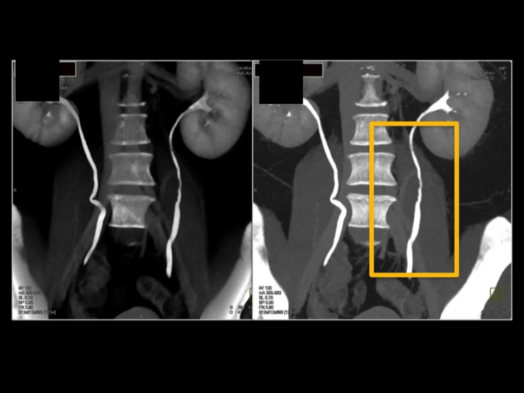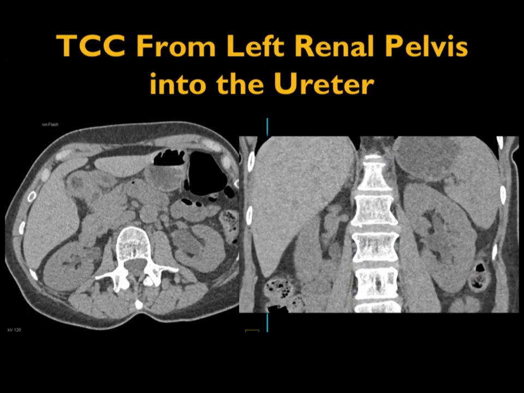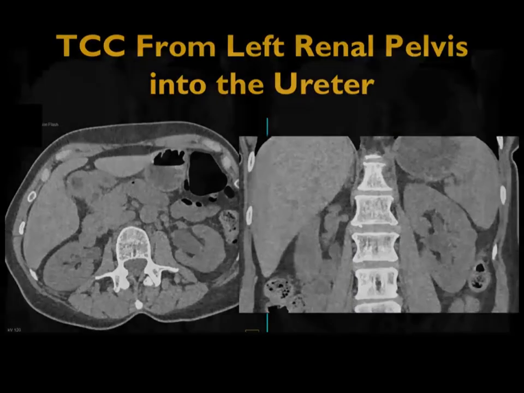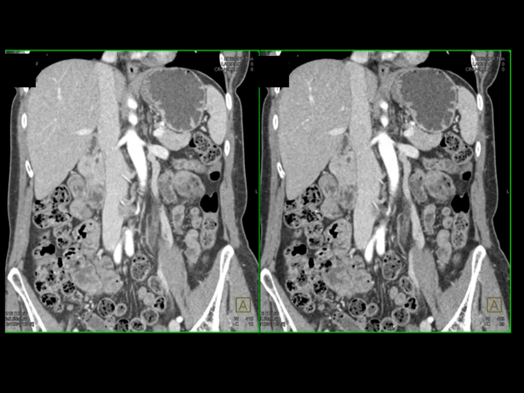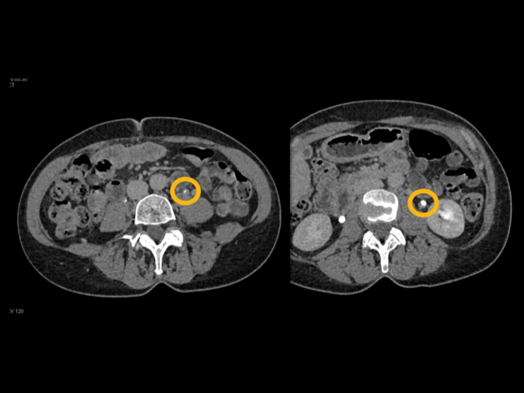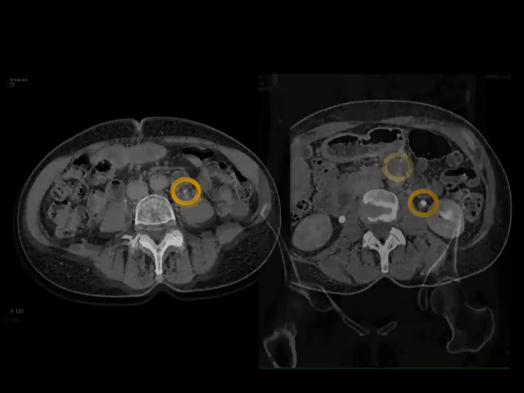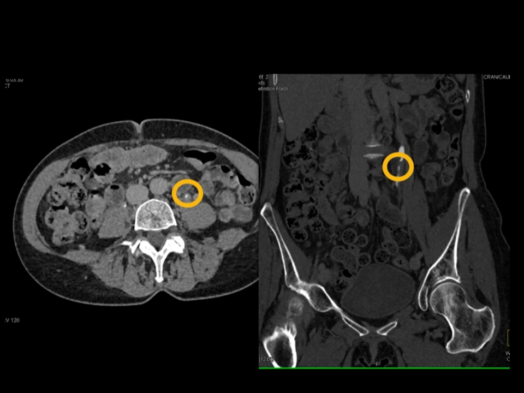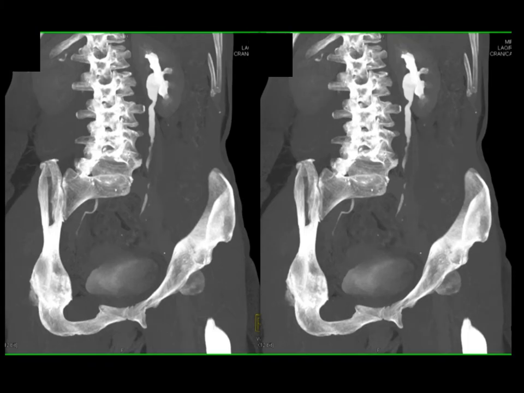That was transitional cell. Or this case, look at the left renal pelvis. Here it is again. We're now going to look at the pelvis, and you see a prominent gonadal vein, and we're looking at the ureter, and the ureter seems to be thickened. And you look at it again, is there a filling defect? No matter what we did, there was always this thickening and non-opacification of the patient's ureter.